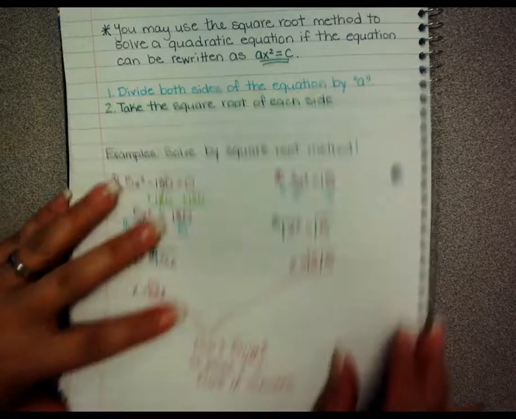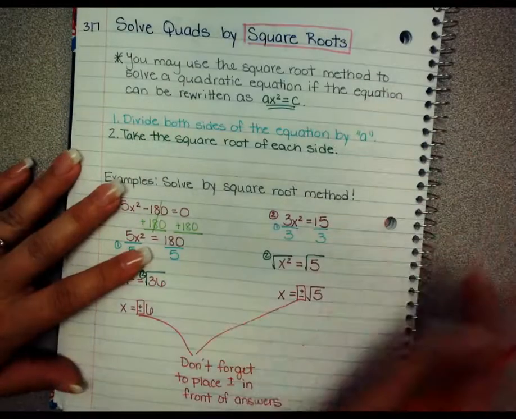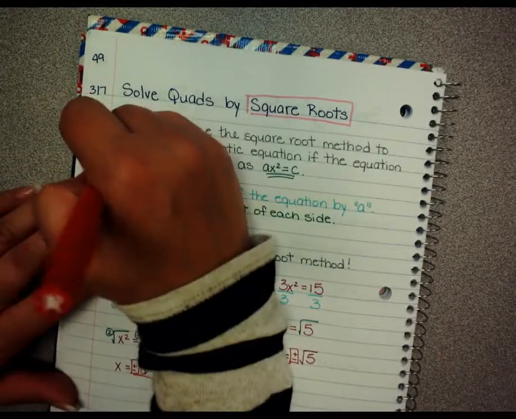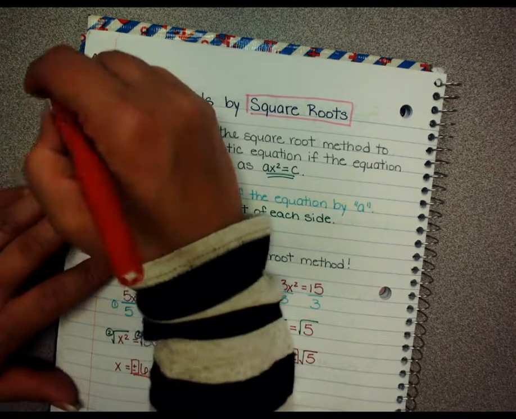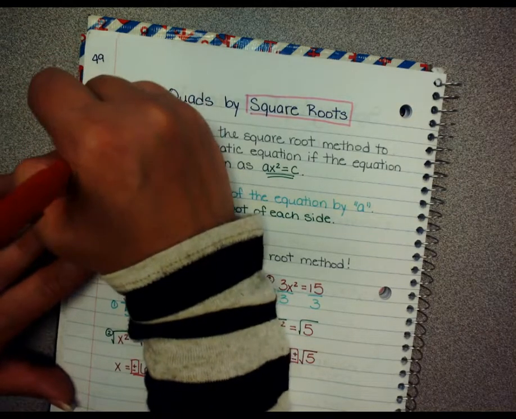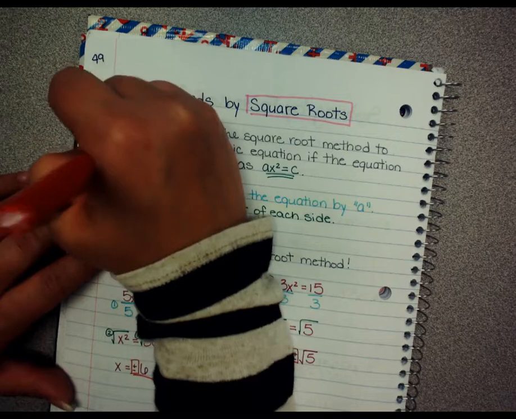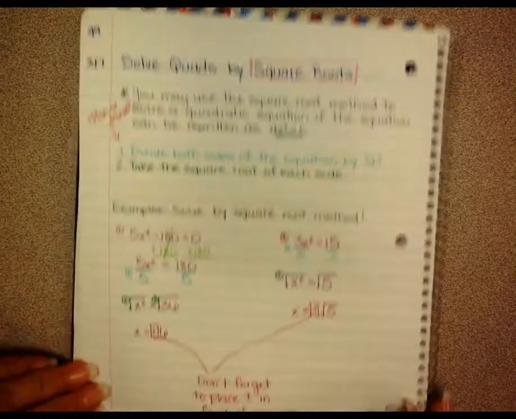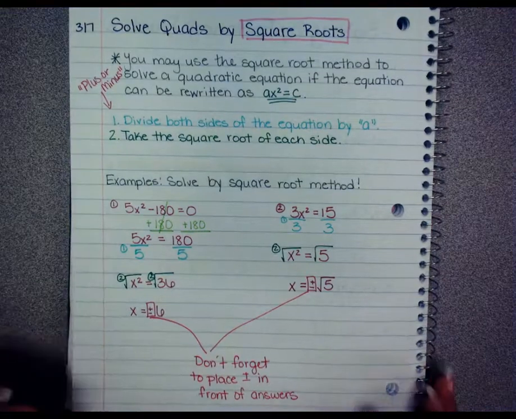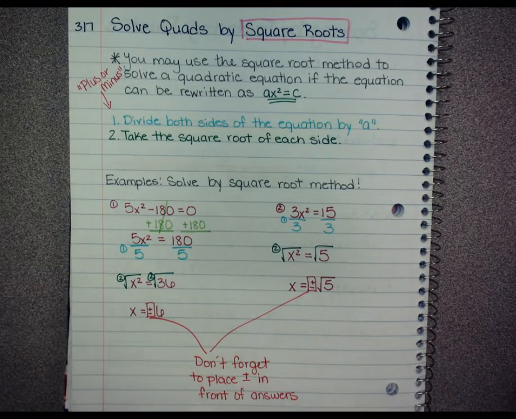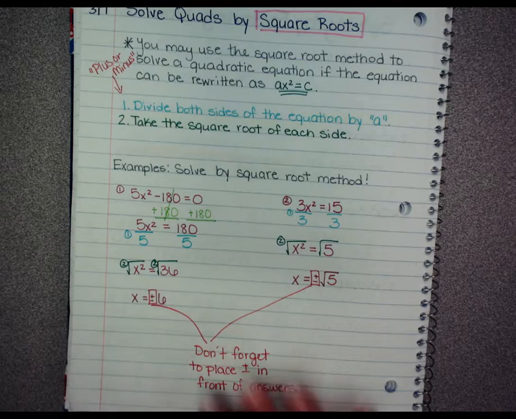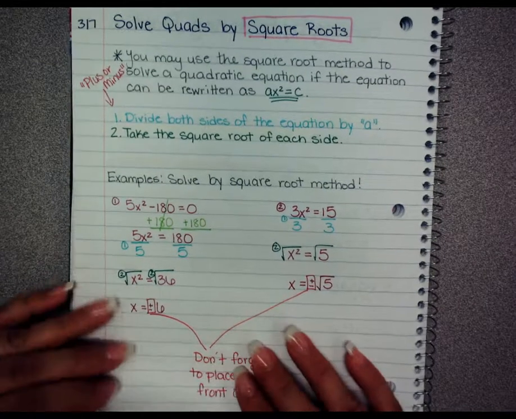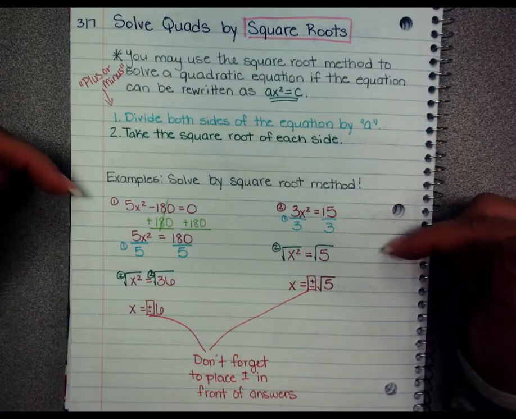Okay. And also, this method, so our method, square root method, it could be plus or minus. Okay, so it doesn't matter. Okay, so that's a really easy method. Okay, so we have our solving by factoring. This is solving quads by square root.